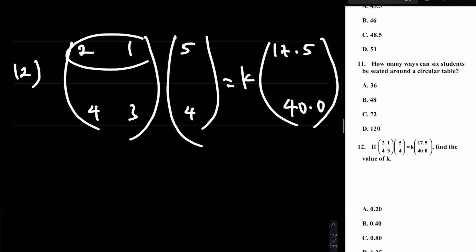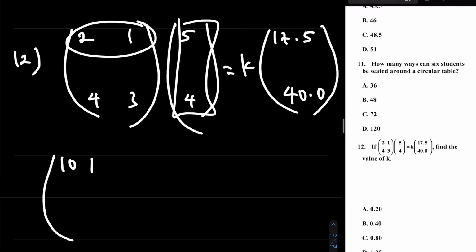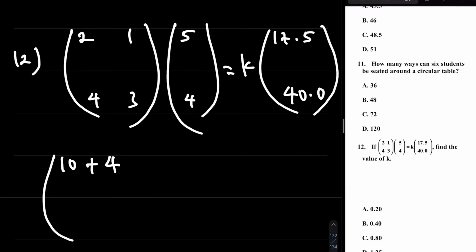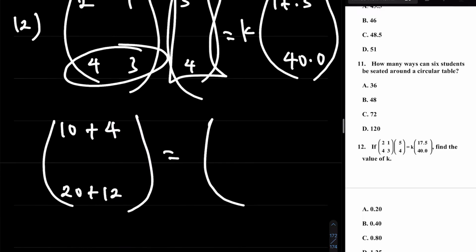So we multiply this row by this column, and that will be 2 times 5, which is 10, plus 1 times 4, which is 4. And now we multiply the second row by this column, and that will be 4 times 5, which is 20, plus 3 times 4, which is 12, equals, here we multiply each of the elements of the matrix by K, and that means 17.5K, and this will be 40K.